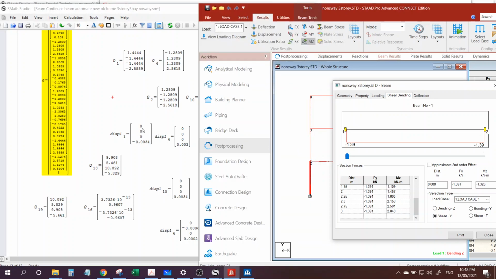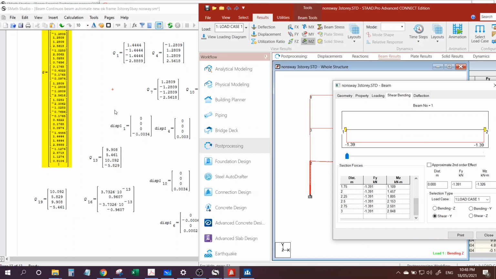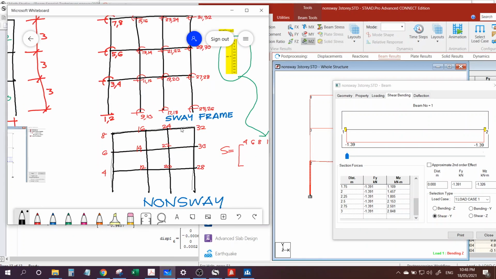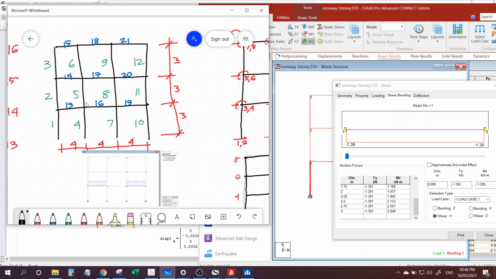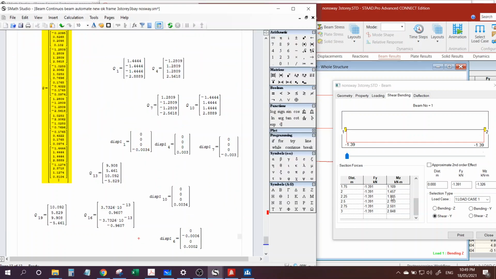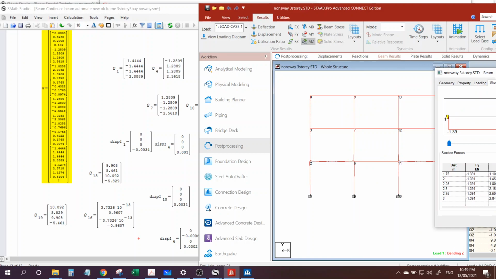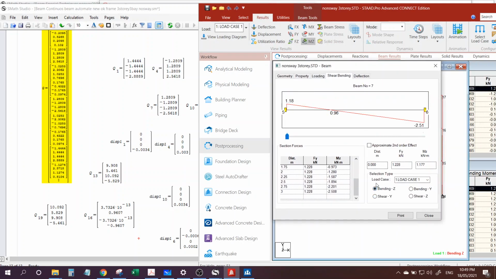For example, member 4. What is our member 4? According to our diagram, this is our member 4, the second column. I'll check the second column here. My bending is again 1.18 and 2.5.